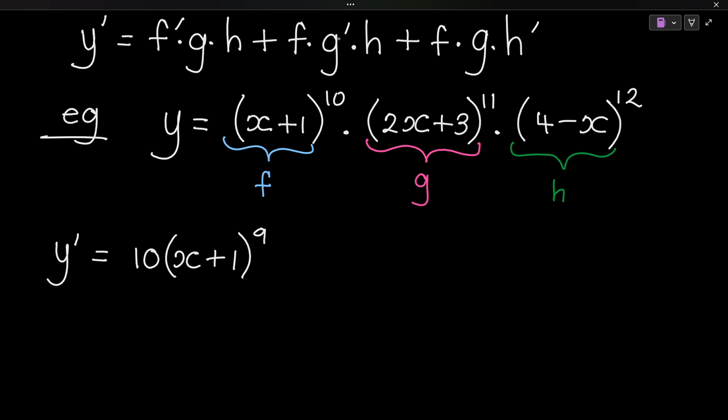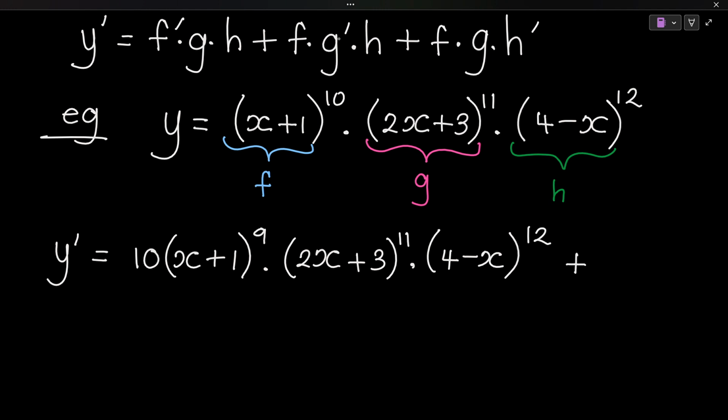Now remember, for the product rule, in your first term, you differentiate f and you keep the next two functions as is. So next to that, we're going to have the bracket with (2x plus 3) to the power of 11 times the bracket of (4 minus x) to the power of 12. Now this is our first term.